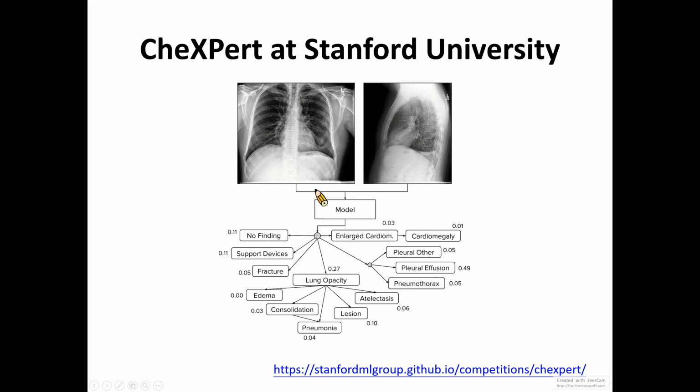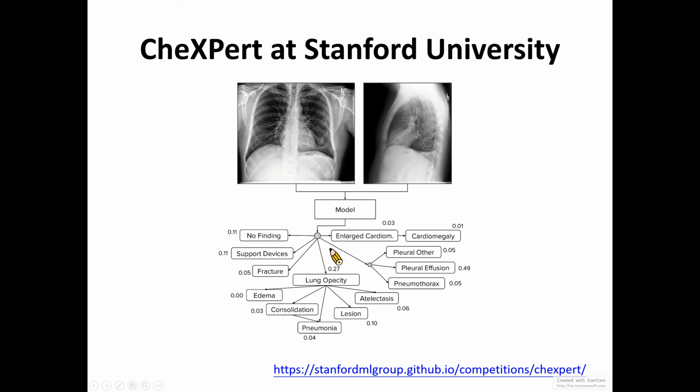For example, for each X-ray image, you need to determine several possible directions of the abnormal findings. For example, if the heart is enlarged, and if there are abnormal pleural findings, like pleural effusion or pneumothorax, and also if there is any lung opacity, which can lead to the diagnosis of edema, consolidations, pneumonia, lesions, or atelectasis.